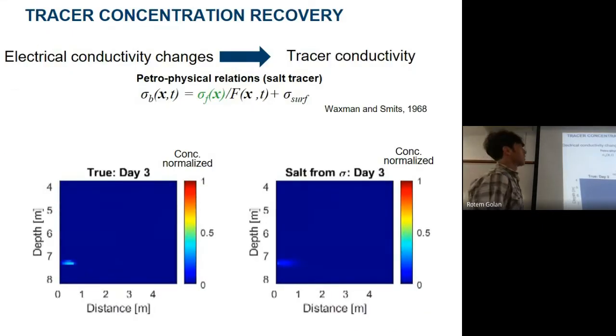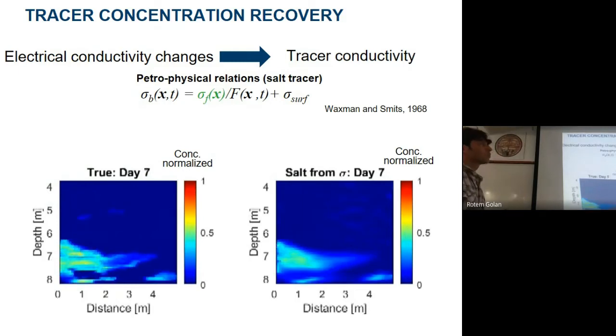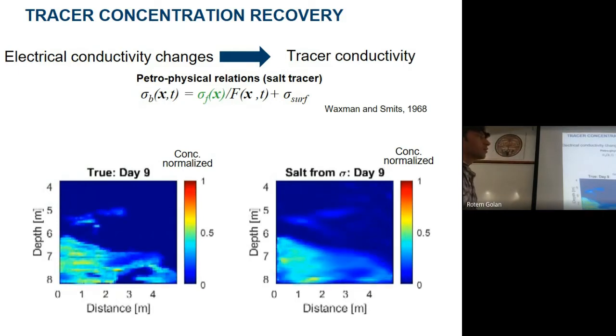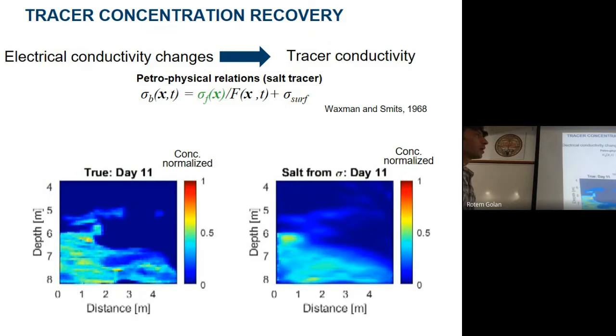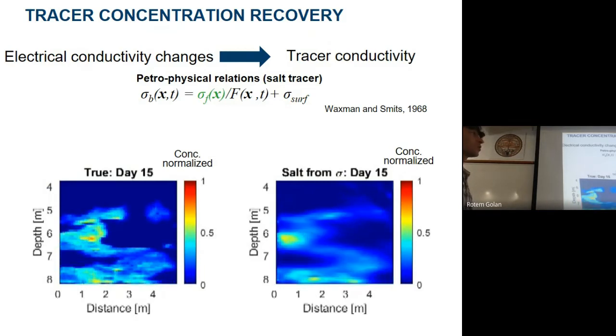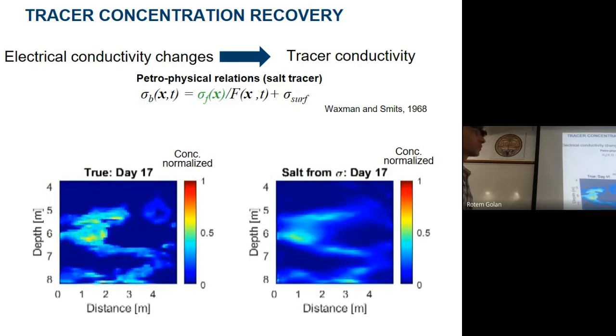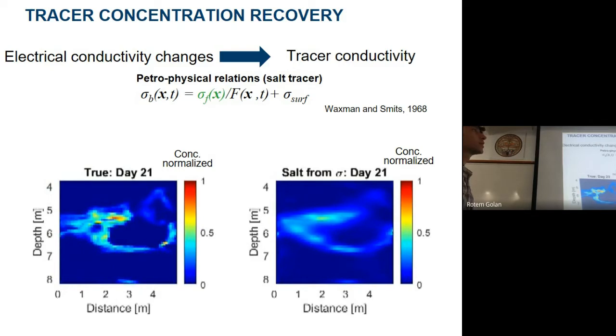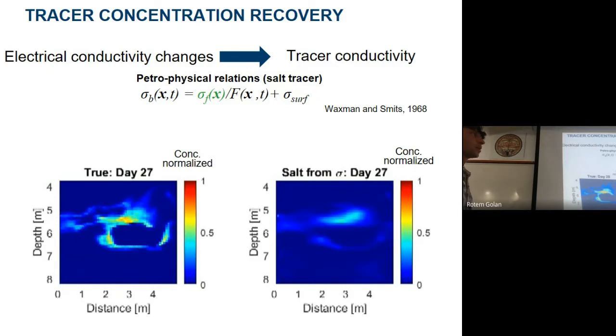So this is the tracer concentration recovery, which we can get by physical relations. From the background, we can estimate the distribution of the formation factor from the full waveform inversion conductivity. And after we estimate the formation factor, in the time-lapse we can use the time-lapse conductivity model in order to estimate the distribution of the tracer concentration.